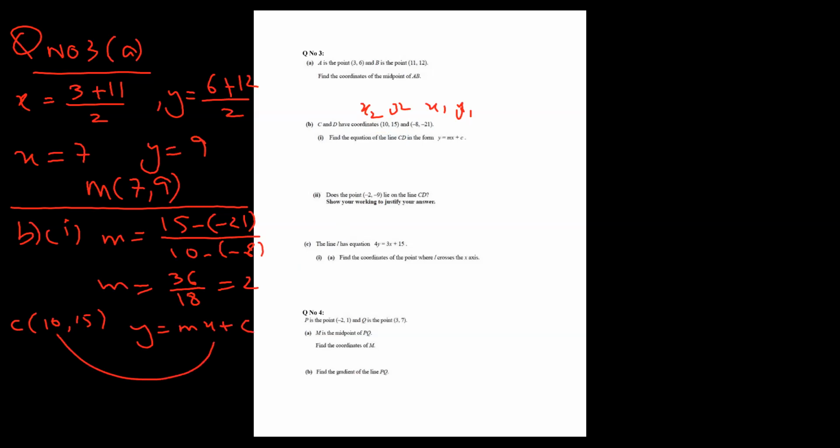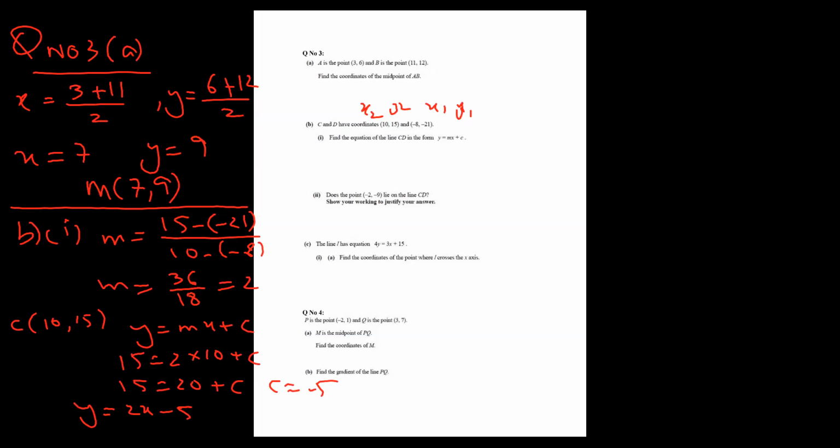The x value is 10, and the m value is 2. Just a simple calculation. 20 goes there, becomes minus 5. What is my final answer? y is equal to 2x minus 5. This is my answer for the B(i) part.